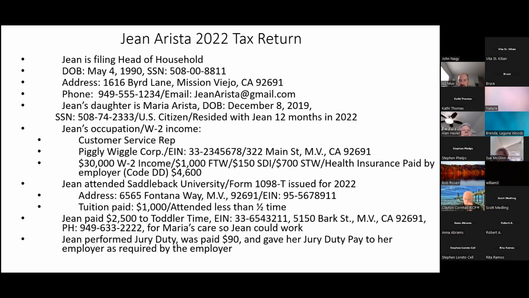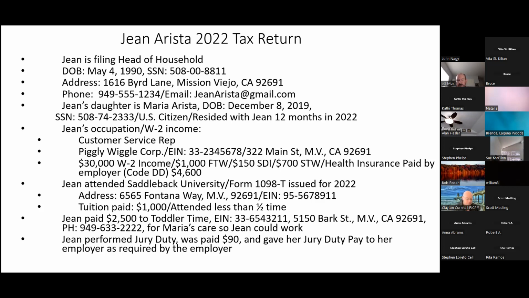And then she also performed jury duty. In this particular case, and you see this from time to time, jury duty is very modest pay. I think the last time I looked, it was 15 or 20 bucks a day. And a lot of people, when they go on jury duty, continue to receive their full-time pay from their employer. When I was a jury duty guy, I worked for the federal government.